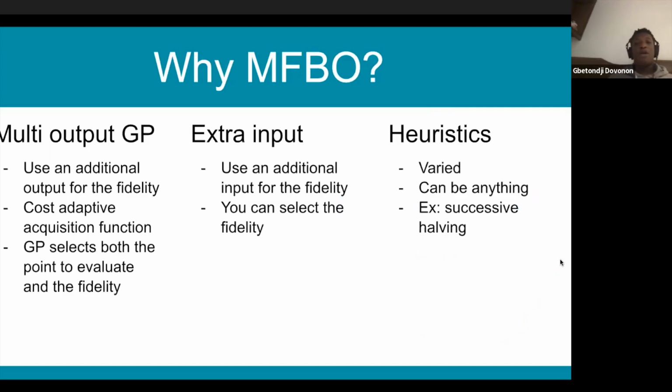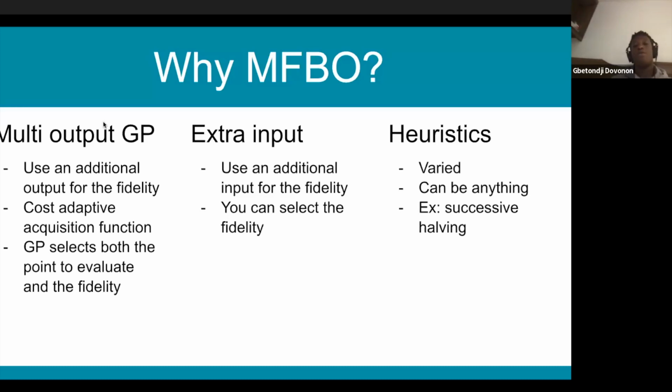Multi-fidelity Bayesian optimization can be done in multiple different ways that we categorize in the context of our review in 3 categories. The first one is an extra output. You have a Gaussian process that has an additional output for the fidelity and is used with a cost-adaptive acquisition function.